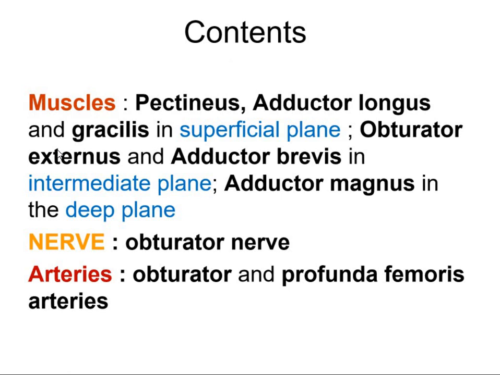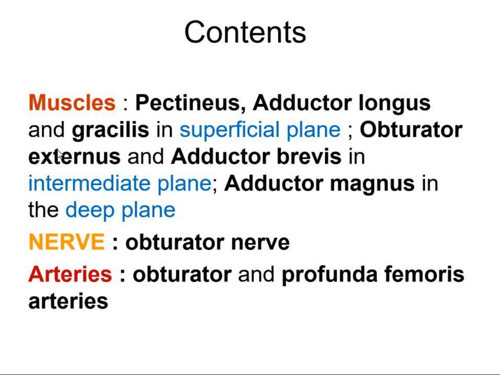Then we have the contents of the medial compartment. If we talk about the muscles, they are present in three planes. One is the superficial plane, then the intermediate plane, and then the deep plane. In the superficial plane, we have the pectineus, which you must have read about in the introduction of the lower limb, and also in the floor of the femoral triangle. Then we have the adductor longus muscle, and then the gracilis muscle.